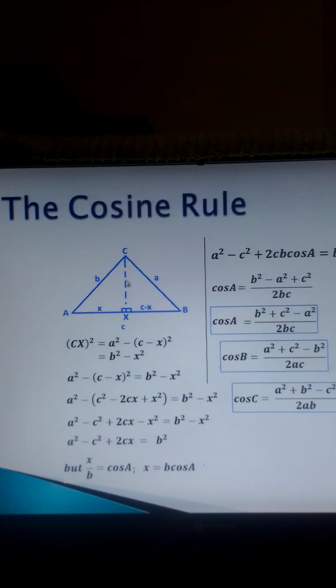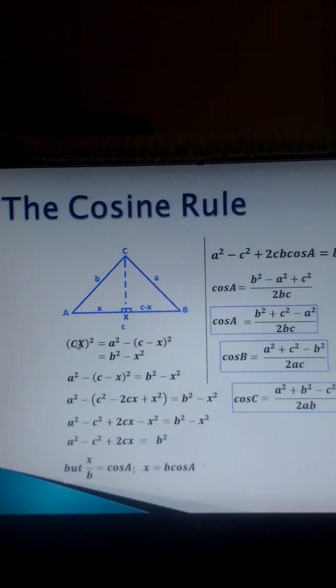So Cx squared is equal to a squared minus (c minus x) squared, and this one is also equal to Cx squared is equal to b squared minus x squared. So we apply Pythagoras theorem in both triangles, this part and this part. This is the common side that we are using, right? So that's what we have realized here.